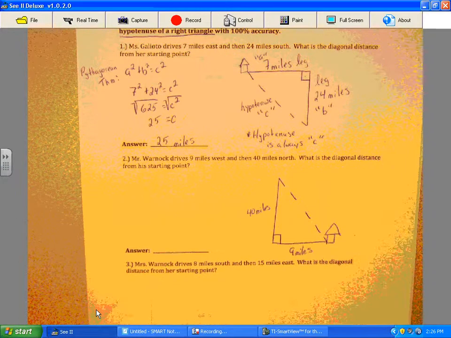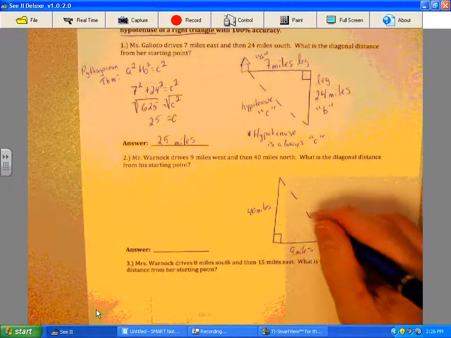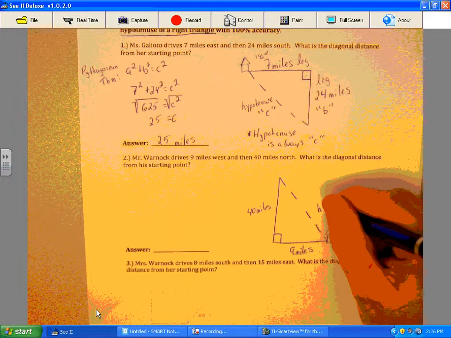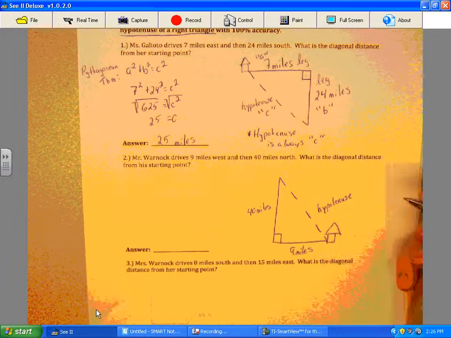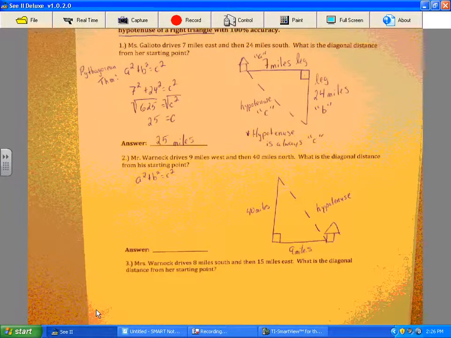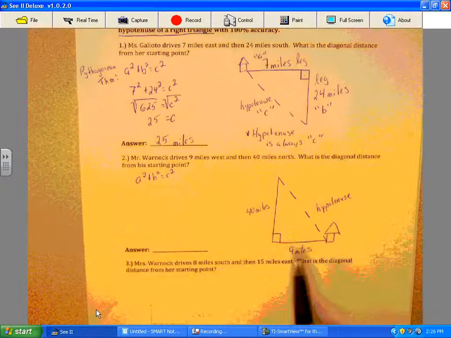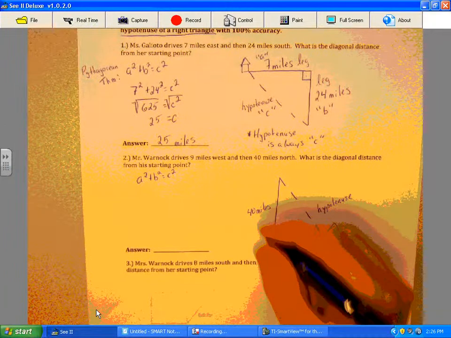Once again, we have a right triangle. We're trying to find, remember, this is the side opposite the right angle, so we're trying to find the hypotenuse again. So we use the Pythagorean theorem, a squared plus b squared equals c squared. Remember, the 9 and the 40 are two legs, so this is a leg, and this right here is a leg.